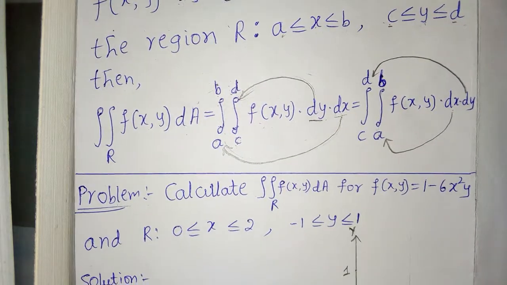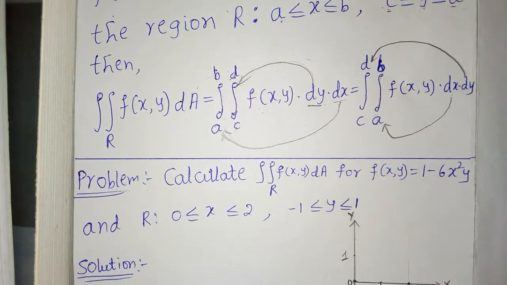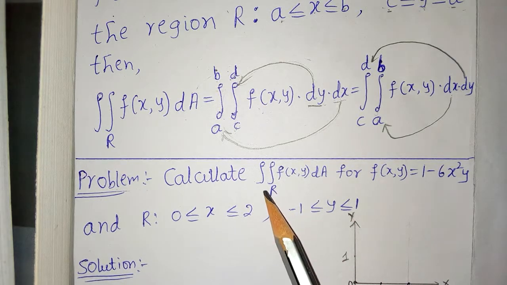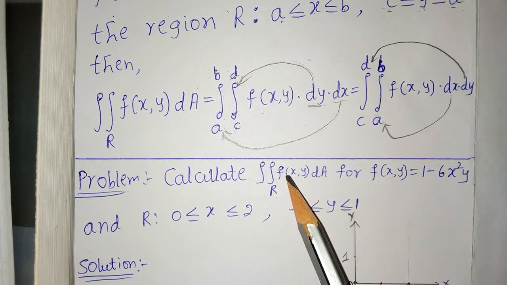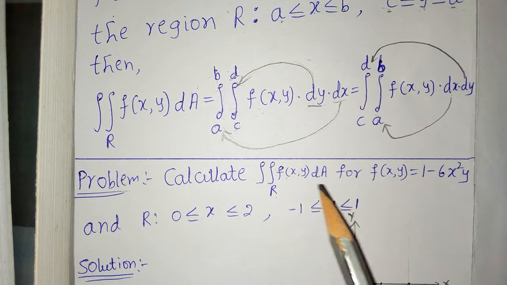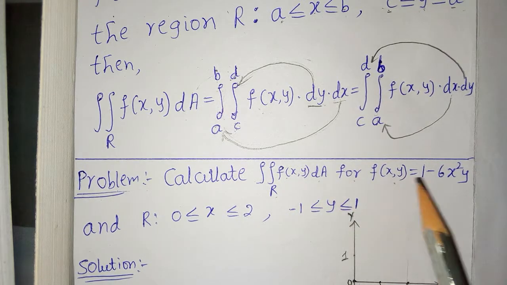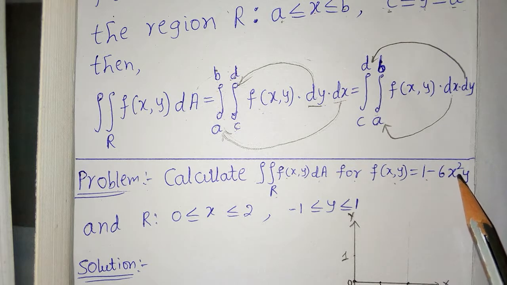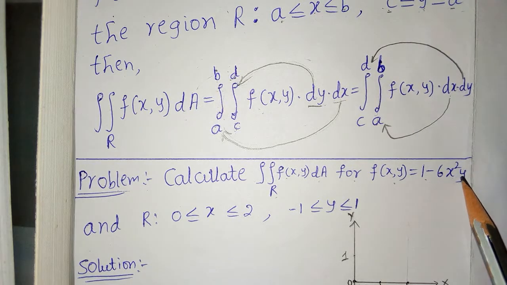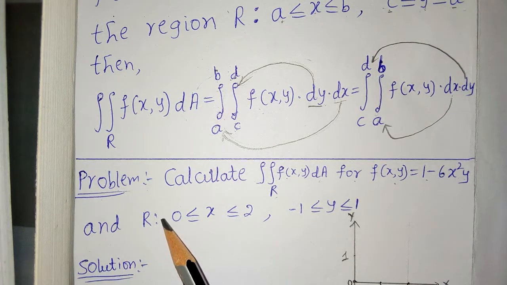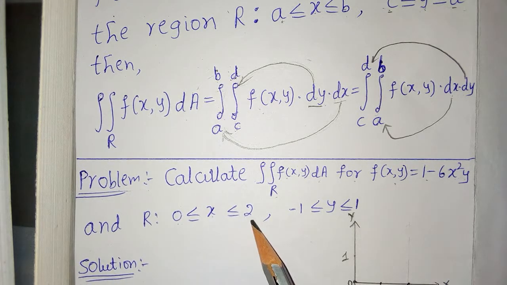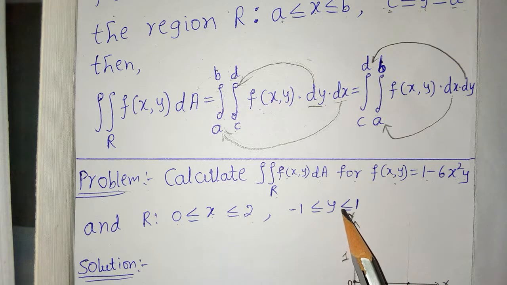Now we have to calculate the double integration over region R of f(x,y) dA, for f(x,y) equal to 1 minus 6x squared y, over the region where x lies between 0 to 2 and y lies between minus 1 to 1.